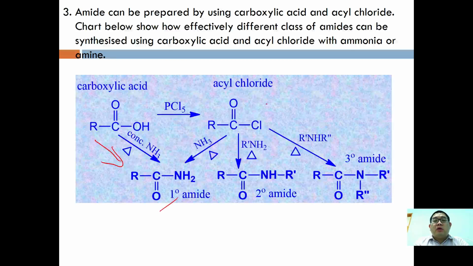As we mentioned just now, acyl chloride is always the best way to synthesize different classes of amide. If you want to synthesize a primary amide, there are these 2 ways. To synthesize a secondary amide, you use a primary amine. To synthesize a tertiary amide, you use a secondary amine. Hopefully this chart helps you understand better.